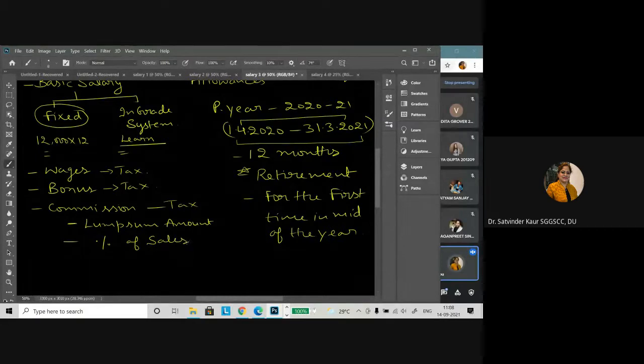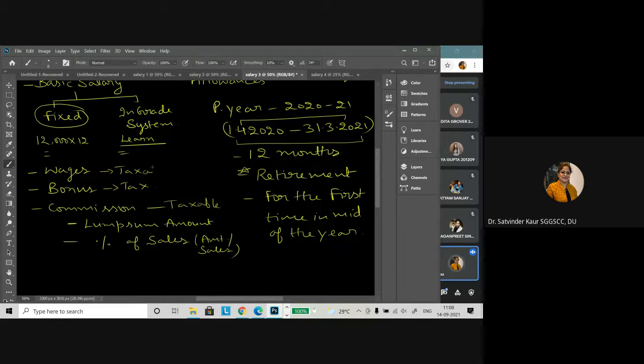So the percentage can be given, or the sales can be given and the percentage can be given, then you have to calculate. These two ways can be there in the form of receipt of commission of an assessee. So in this case it is also going to be fully taxable, right?